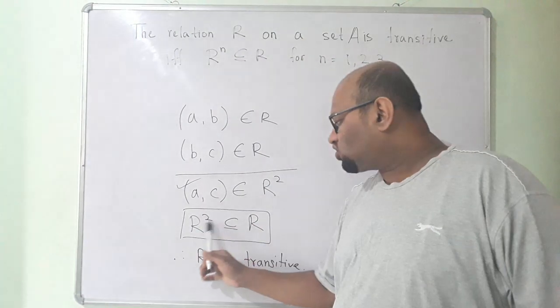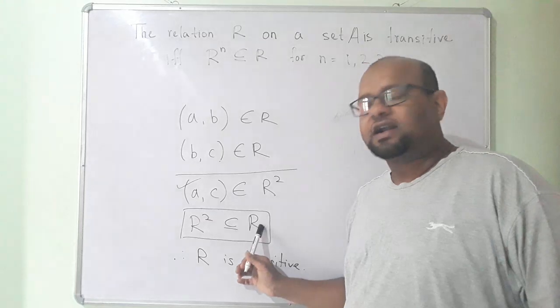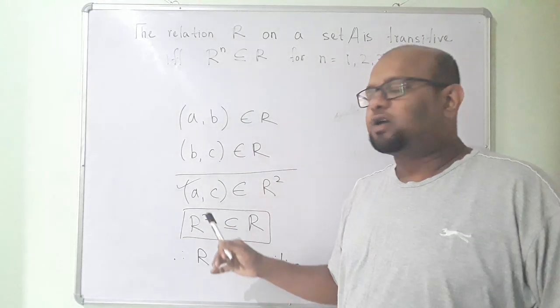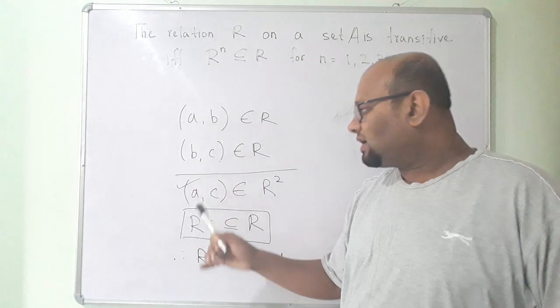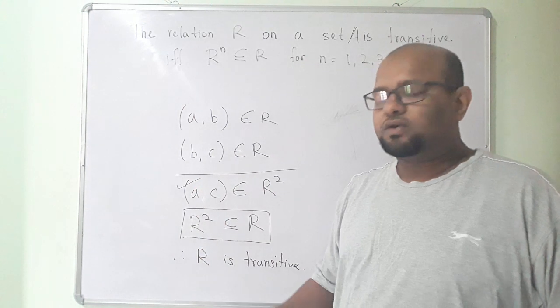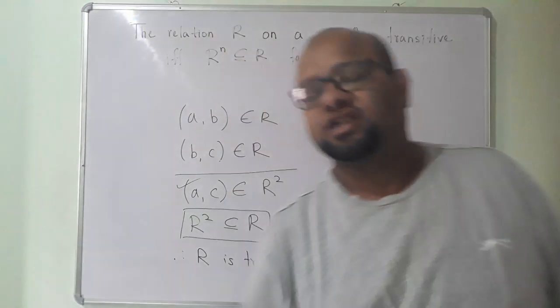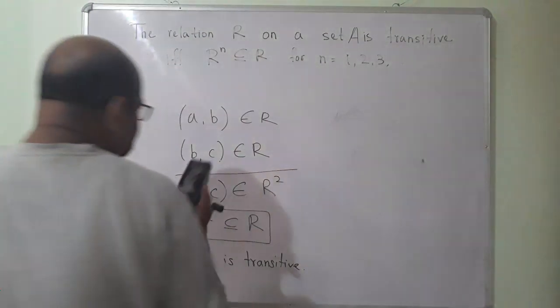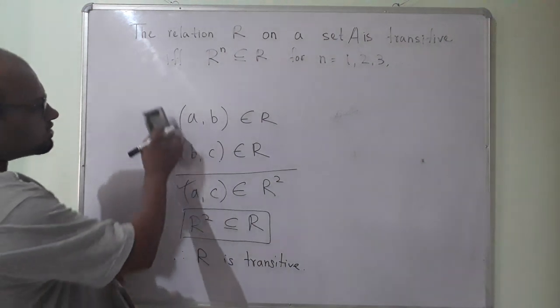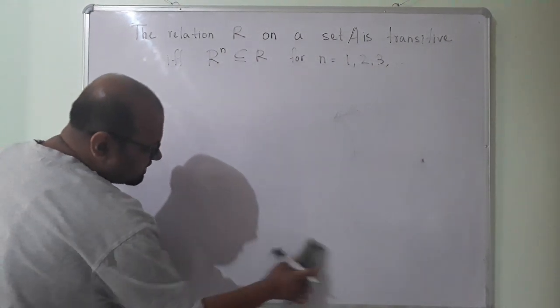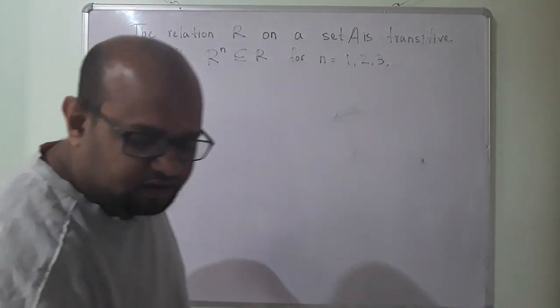Now since R square is a subset of R, we know AC belongs to R. That is how we have shown that R is transitive. This is simple, this is one direction.